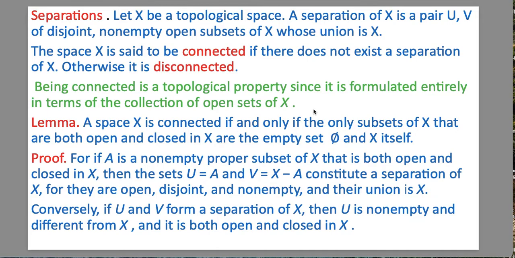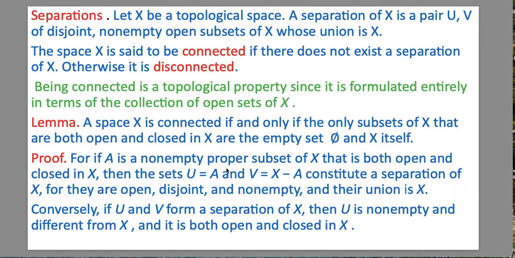So first of all, we discuss one lemma. A space X is connected if and only if the only subsets of X that are both open and closed in X are the empty set phi and X itself. Now we prove this lemma.